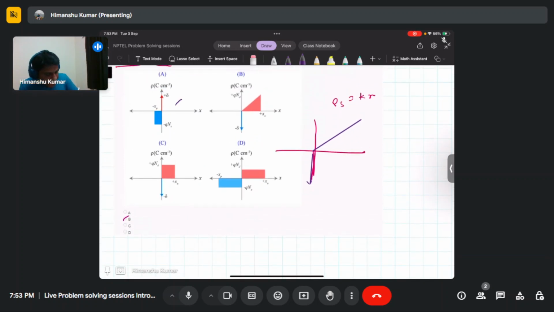So the first answer is wrong, the second answer is correct, and the third answer is wrong because that was the case for uniform doping, and the fourth answer is wrong because depletion can't be there on the metal side, because metal has an infinitely large pool of electrons.